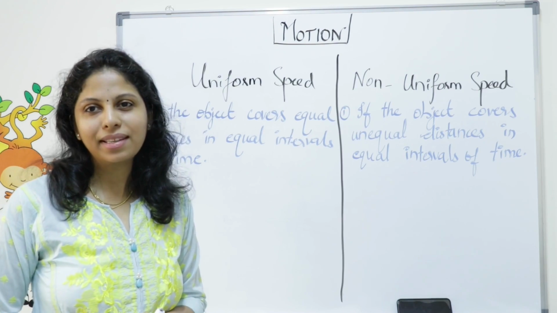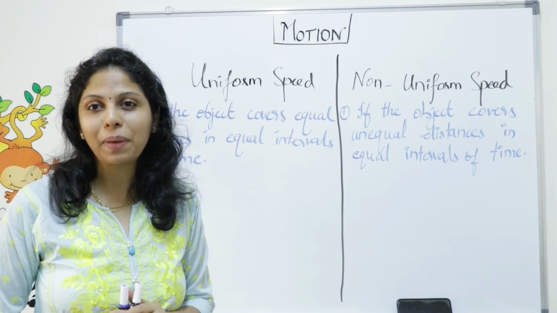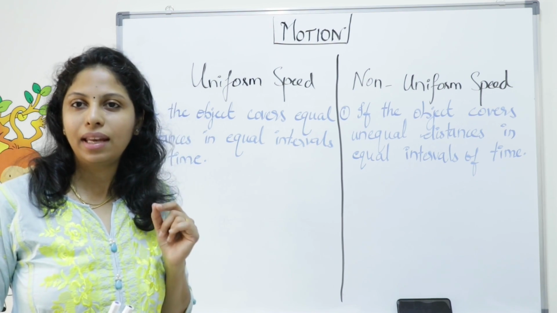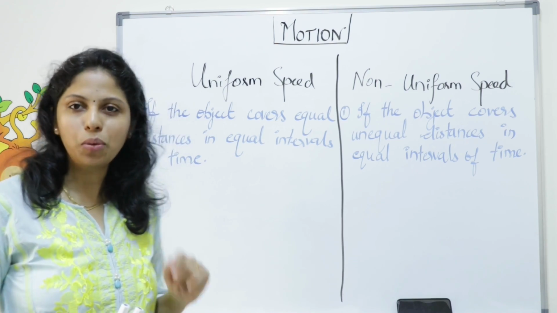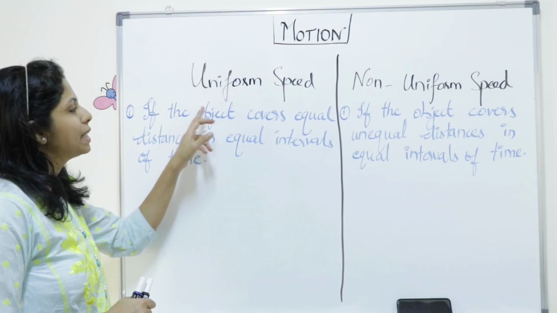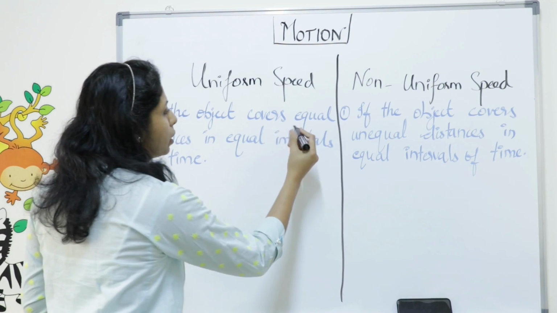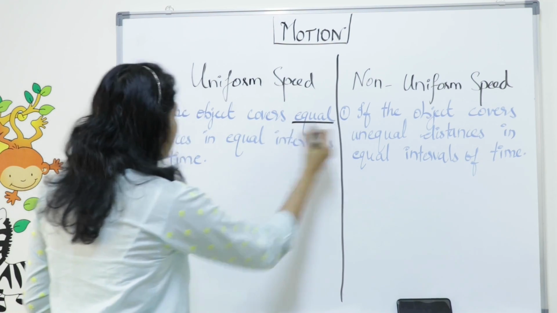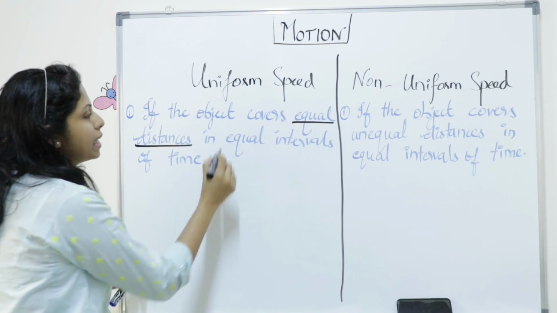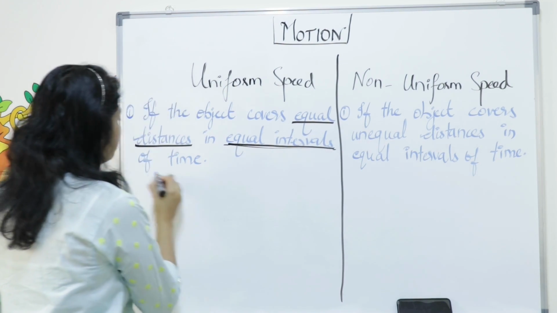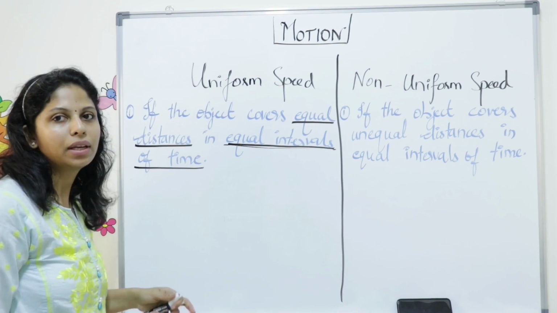Now we are going to discuss about what is uniform speed and non-uniform speed. What is uniform speed? An object is said to be in uniform speed if it covers equal distances. See, this is very important. If it covers equal distances in equal intervals of time.